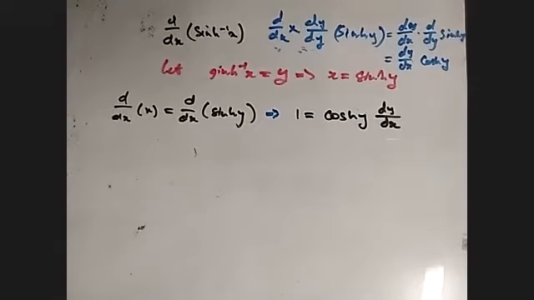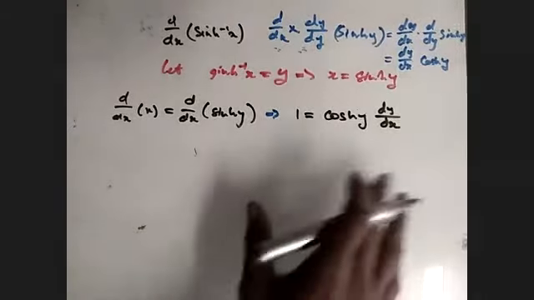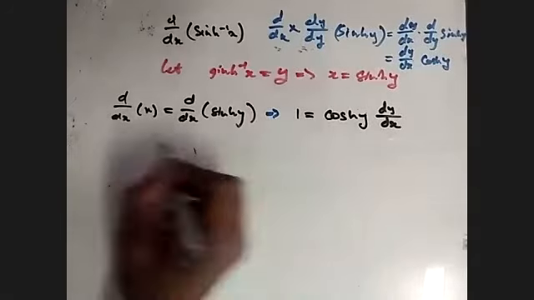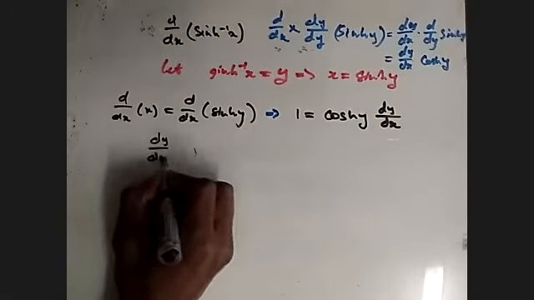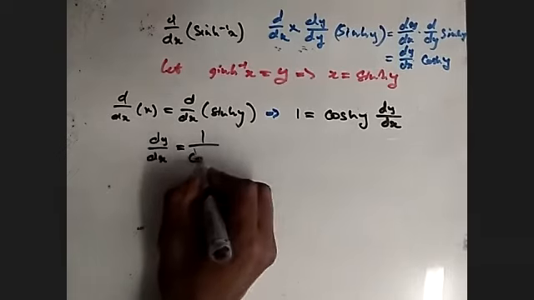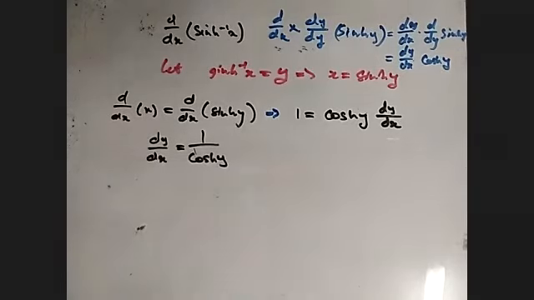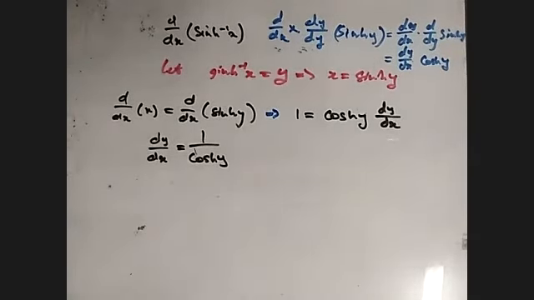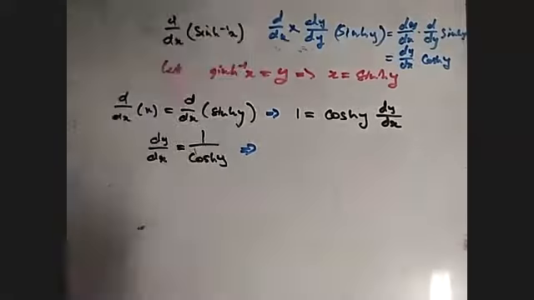Yeah. Okay. So from here, I'm just going to do that thing that we have always done. We take each and every term to one side of dy/dx. So what I mean is I'm going to have dy/dx equal to 1 over cosh y. All right. So from here, I do know some identities of this particular hyperbolic function.